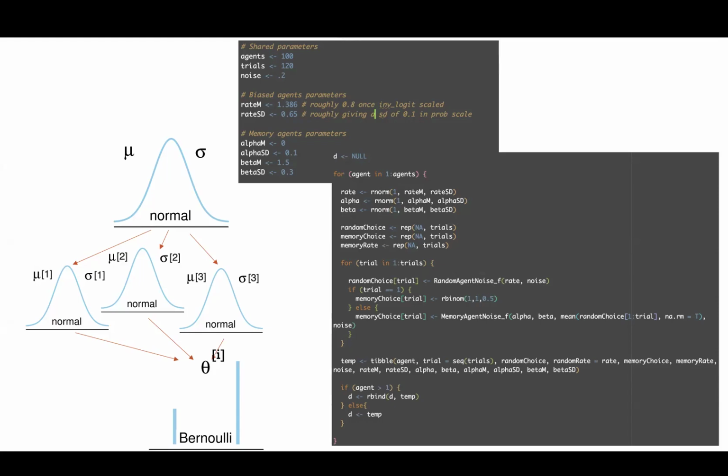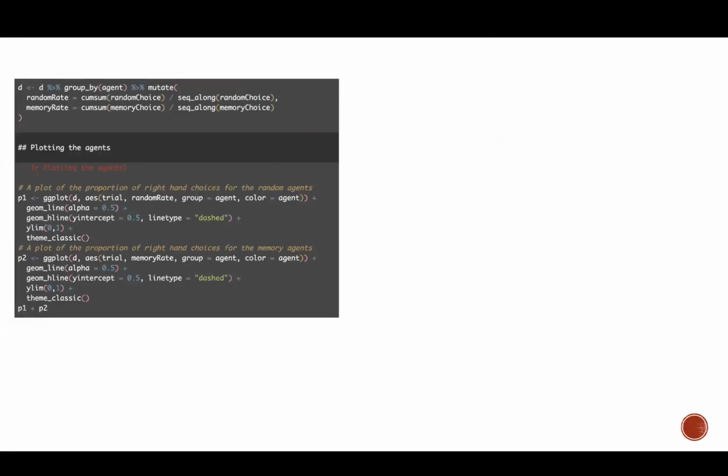We have made the function before. And then we save the different choices of the random agent, of the memory agent, the memory of the memory agent, and the parameters of the population and of the individuals. So we have all the data. Does that make sense? Good.